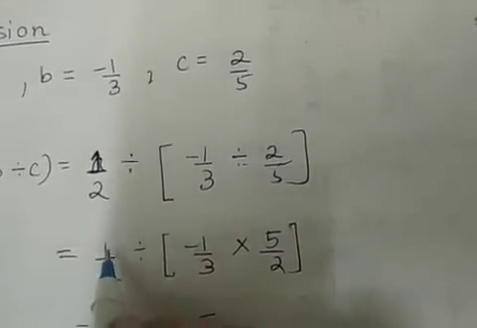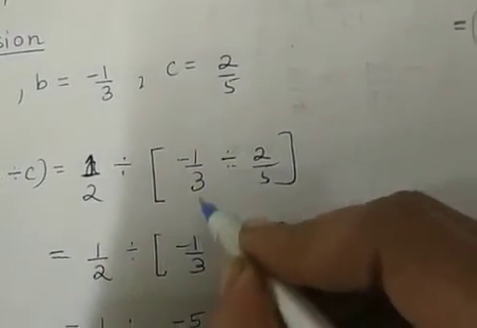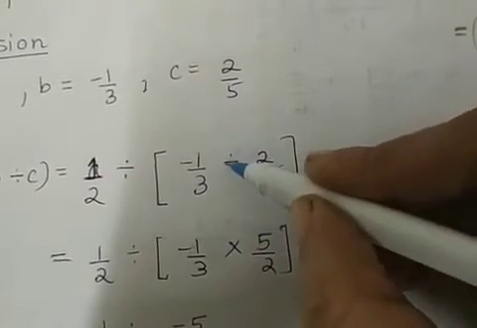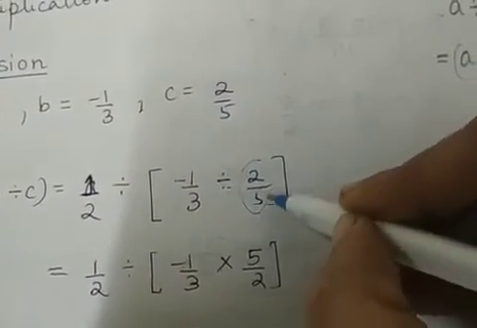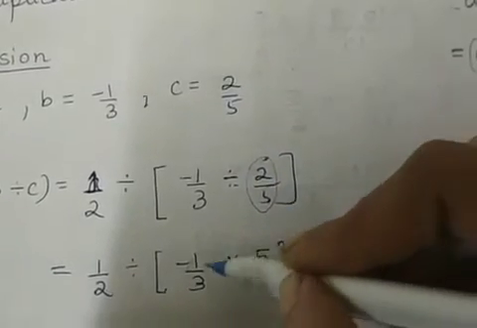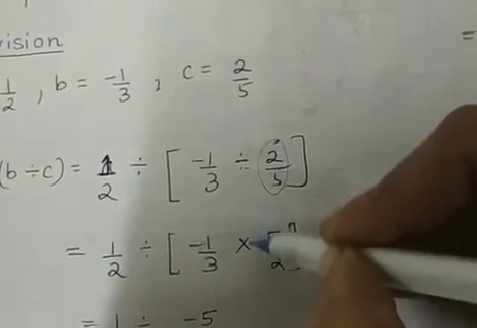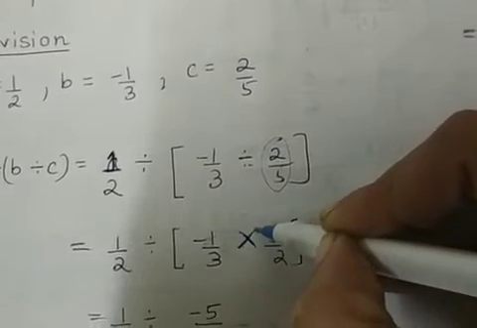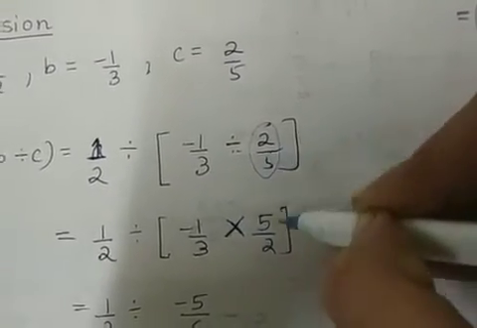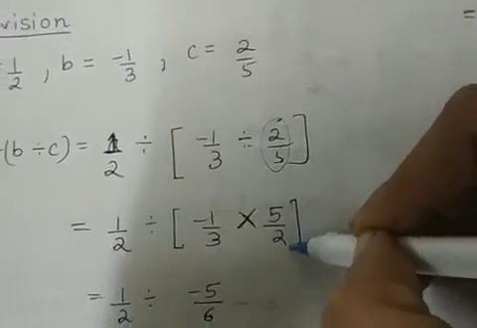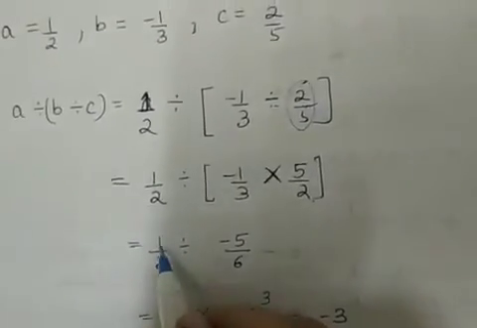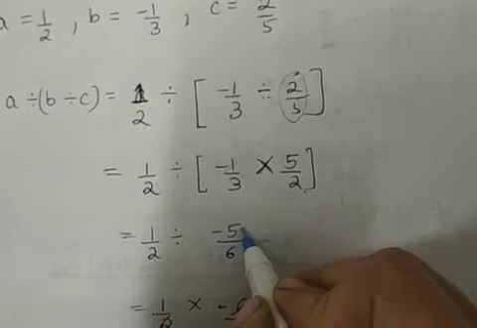This is equal to half divided by minus 1 upon 3. I said when you convert the sign from division to multiplication, this number becomes the reciprocal. So this is minus 1 upon 3. You're changing the sign, so multiplied by the reciprocal of 2 upon 5, which is 5 upon 2. So you get half divided by minus 5 upon 6.